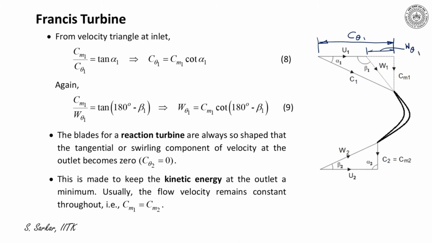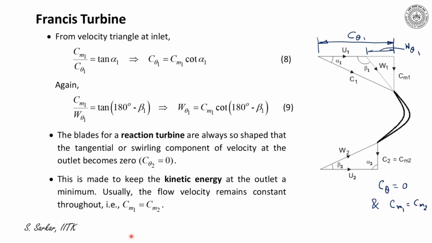Furthermore, at exit, here C theta 2 is equal to 0, and please note that the design is such that CM1 is equal to CM2, that is, the meridional velocity at inlet and exit are made equal.